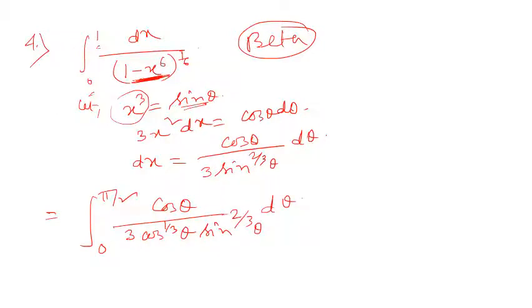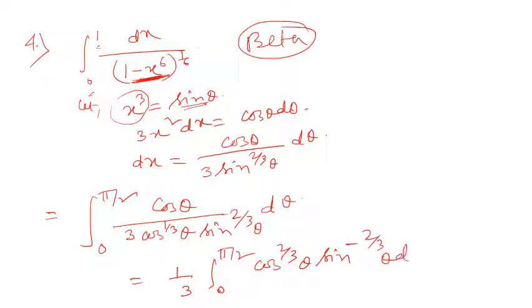In our next step, 1 by 3 of the integral from 0 to pi by 2 of cos to the power 2 by 3 theta and sine to the power minus 2 by 3 theta d theta.